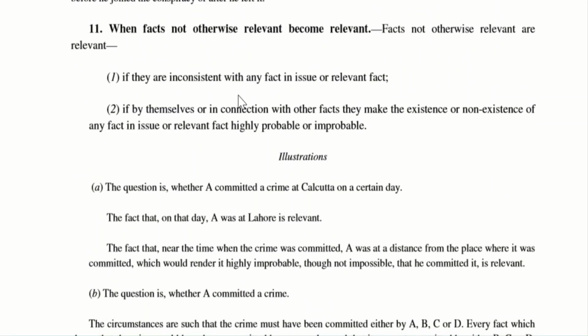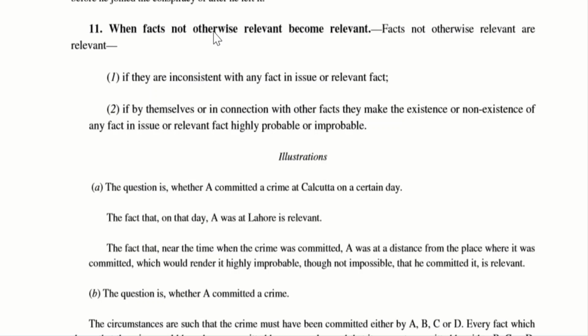Now let us move to section 11. When facts not otherwise relevant become relevant. You can imagine a situation, sometimes there may be some facts which are not at all connected or which are in no way relevant to the case in hand, but sometimes they become relevant also.